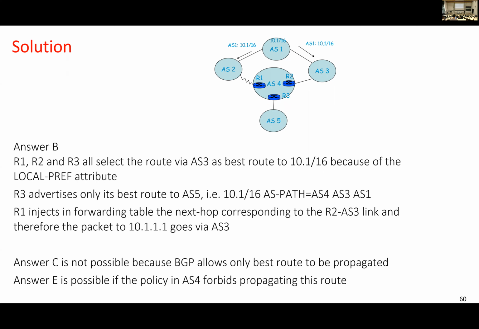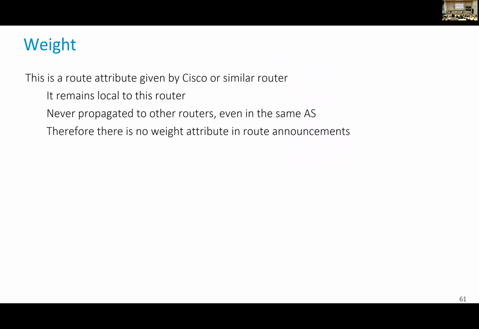And since one of the rules of BGP is every BGP router selects at most one route, not two, one as best route. And second, you can advertise only the route that for yourself is the best route. So R3 therefore can advertise only the route via AS3. So AS5 will not know that there is this path. It will only think that there is a path via AS3 to this final destination.